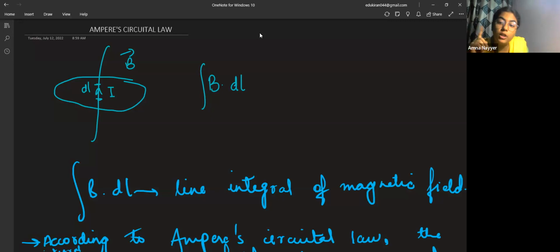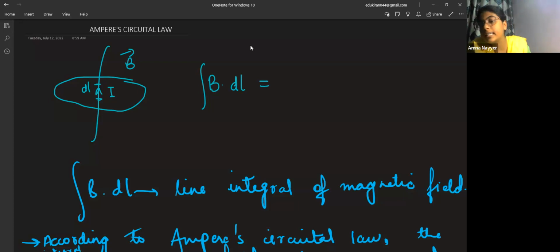Now, if I take the dot product, B dot dL, this term, which is the left hand side, we call as the line integral of magnetic field. Why line integral of magnetic field? See, this is the loop that we have chosen. This is the current that is flowing, but we are talking about the small section, and we are integrating it throughout, to find out the entire magnetic field.